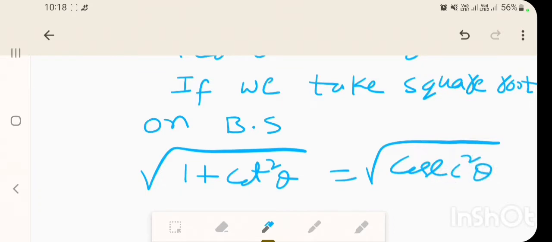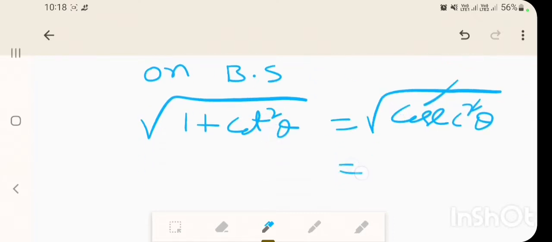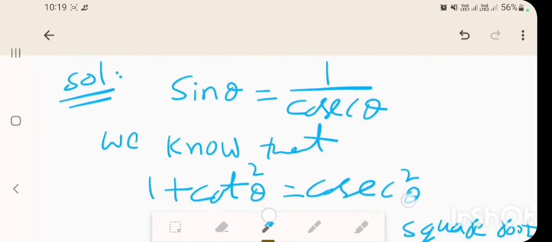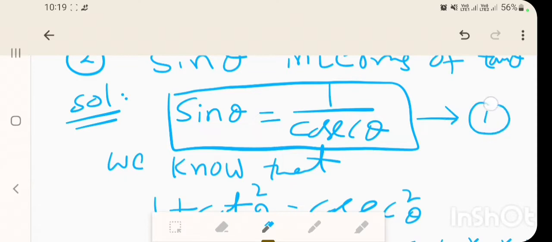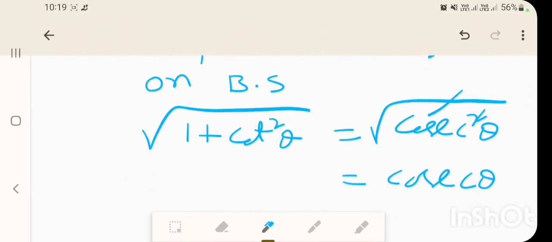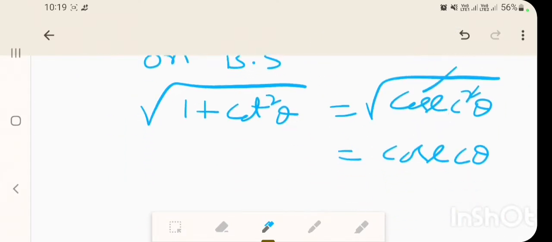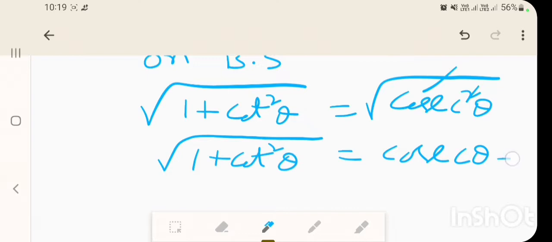On the right hand side we can cancel the square and square root, so we have cosec theta, which we can write as 1 by sin theta. Already we have written sin theta is equal to 1 by cosec theta. We can take it as equation number 1. And root of 1 plus cot square theta is the LHS, which we can give as equation number 2.